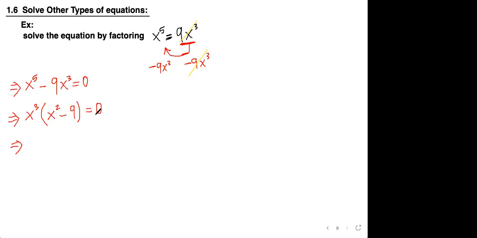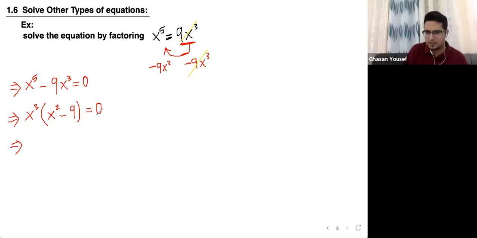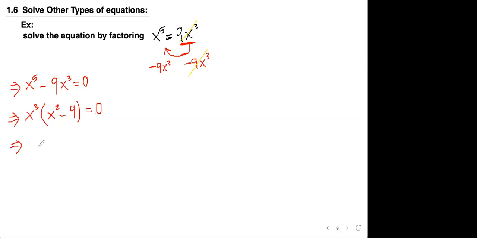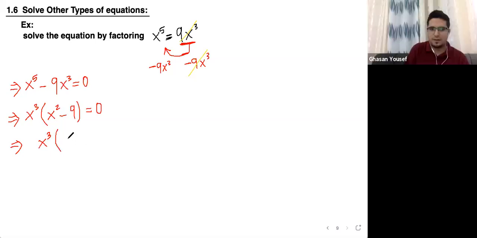So Bilal said x minus 3 times x plus 3, and other students said x plus 3, x minus 3. Yes, this is the same thing. So x cubed, and the parentheses I can factor because it's a difference of squares: x minus 3 times x plus 3 equals 0.